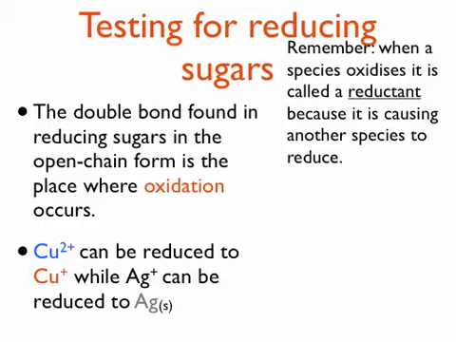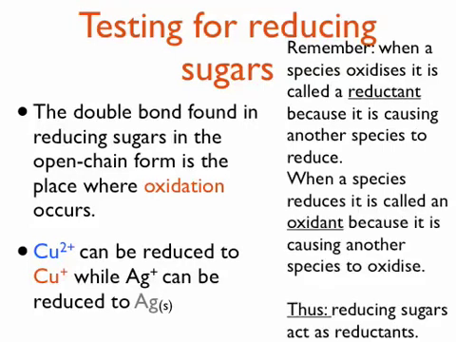Alternatively, if a species is reducing, we call it an oxidant. Why? It's causing a different species to be oxidized. Therefore, reducing sugars are reductants because they themselves are oxidizing and causing another species to reduce.